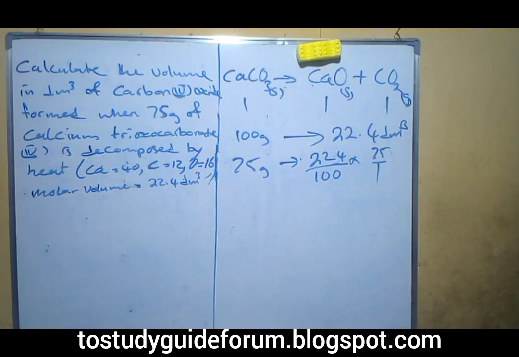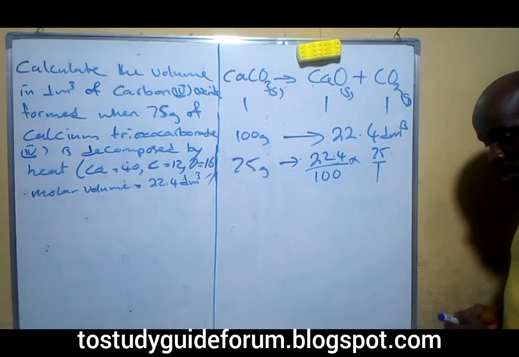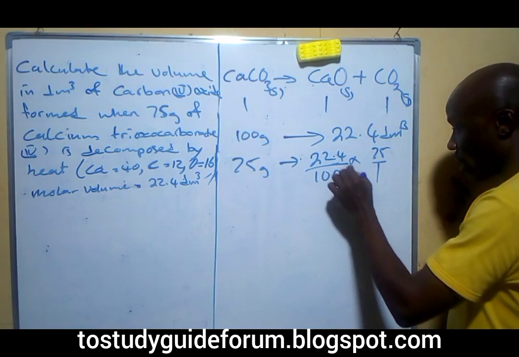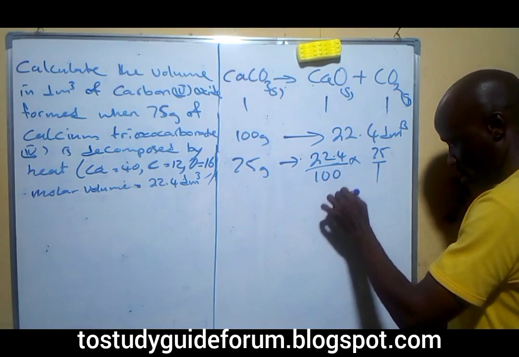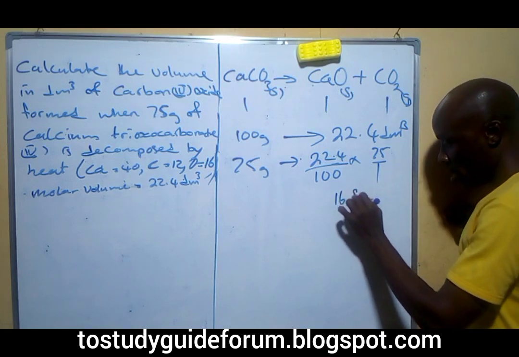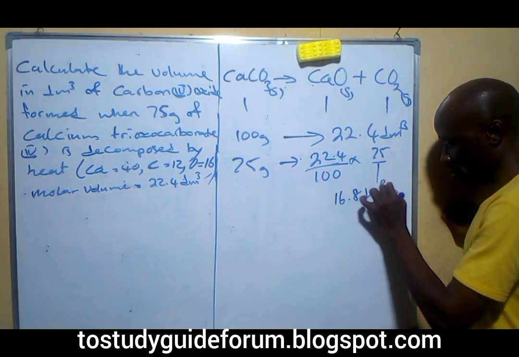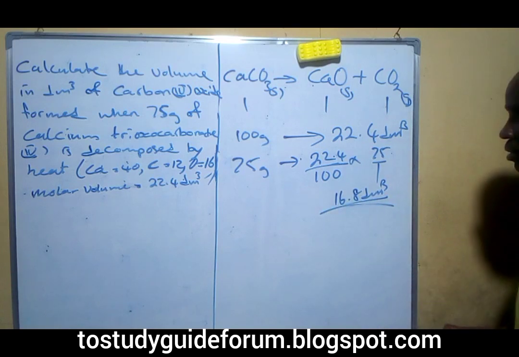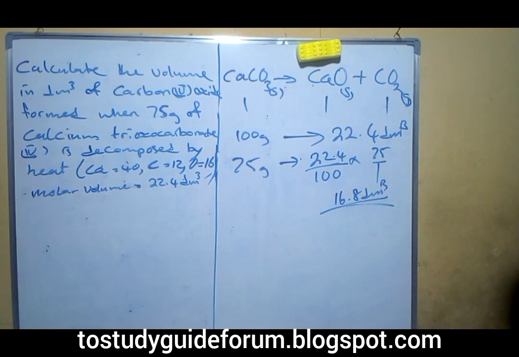So when we multiply through, what we will get here is 16.8 dm cube of the gas carbon(IV) oxide.